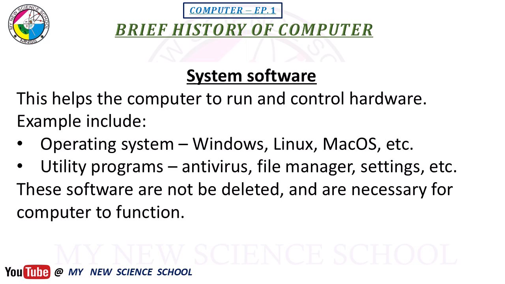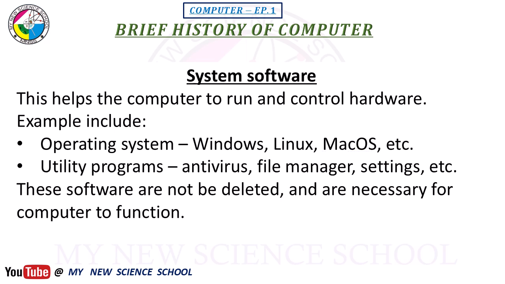Examples of operating systems: we have Windows from Microsoft, we have Linux, and we have Mac OS, which is for Apple. The company that produces Windows is Microsoft, while Mac OS is for Apple.